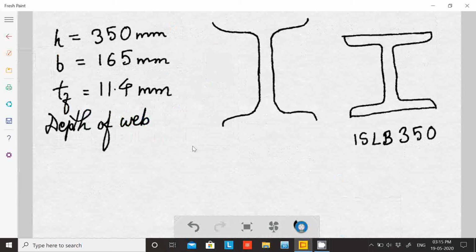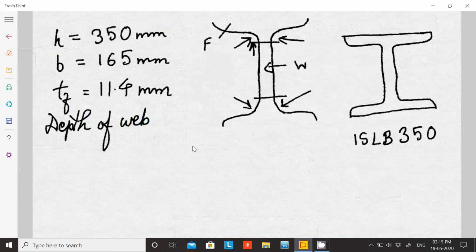When the flange gets converted to web, at first it takes a curved portion, and only after a little bit, from here to here, the web is of constant thickness.